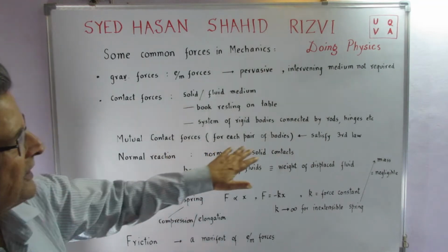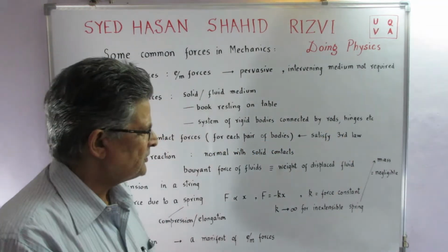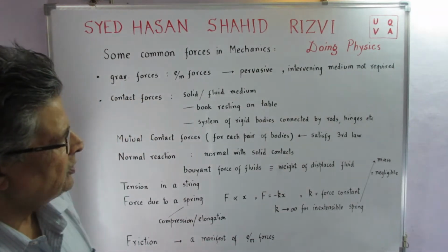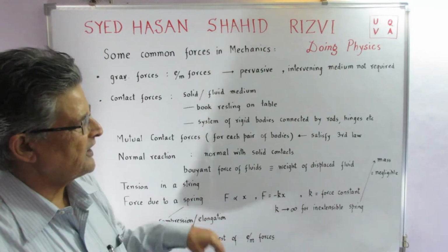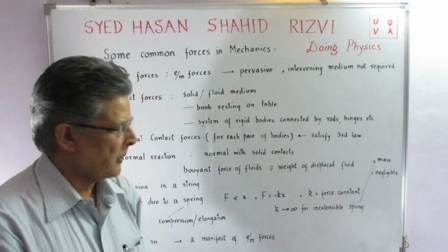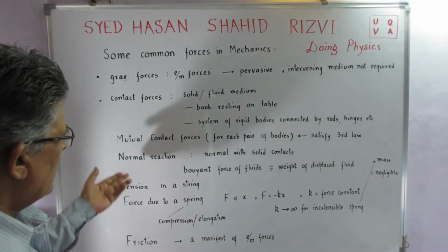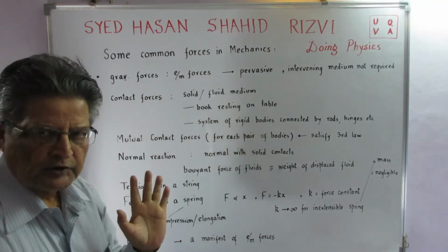And this is satisfying the third law. What does that mean? It means F12 is equal to minus F21, or F12 plus F21 for the pair of bodies is equal to 0. Okay. Normal reaction is always normal with solid contacts.